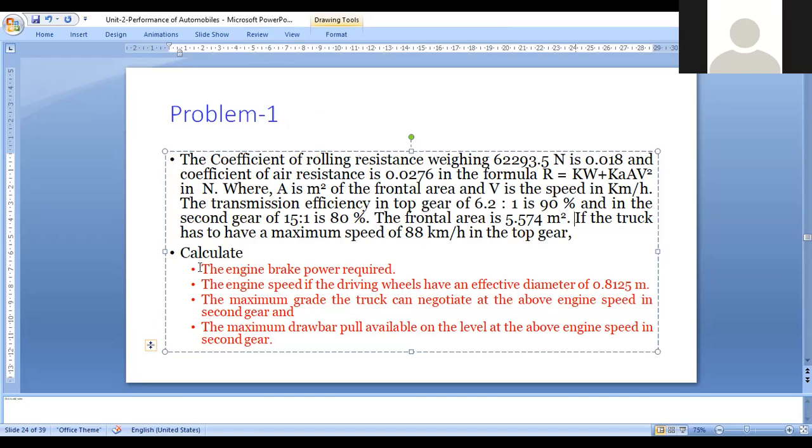This one is the first. Then second, engine speed if the driving wheels have an effective diameter of 0.8125 meter. And what is third and fourth?